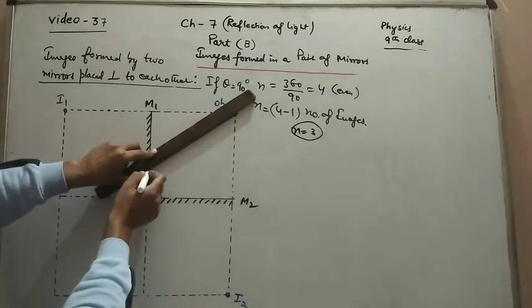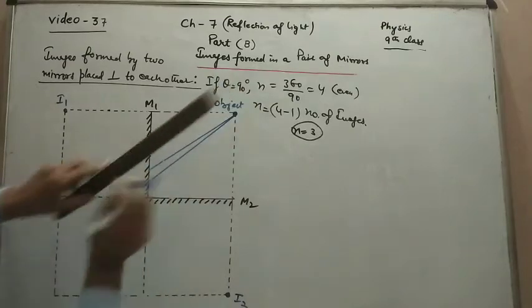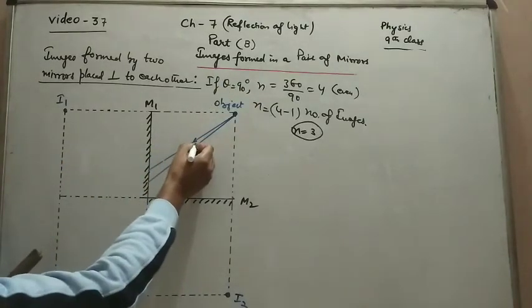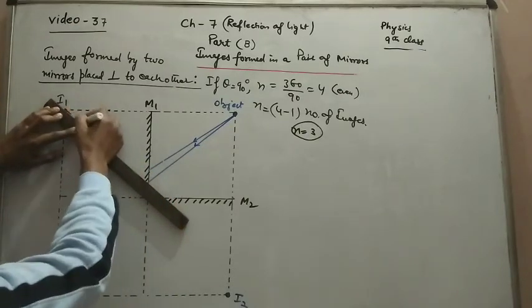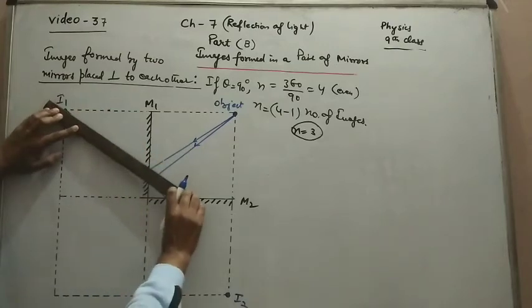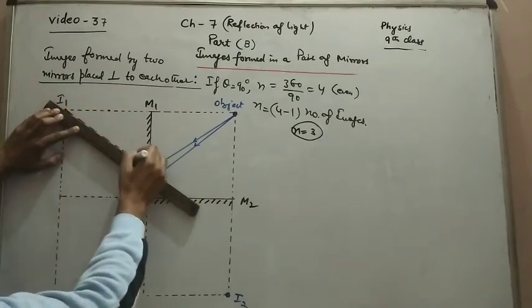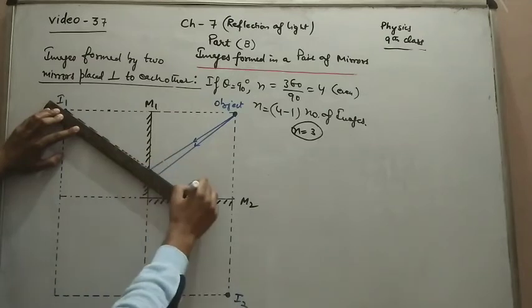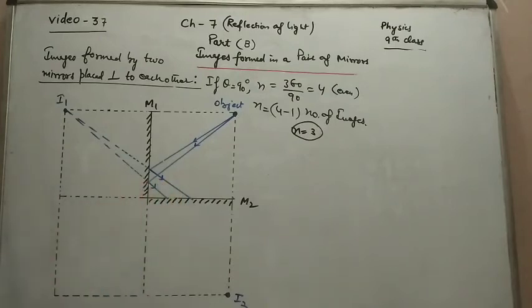These are the incident rays, and from these you can get the reflected rays in this way, and by this you can say I1 is forming.